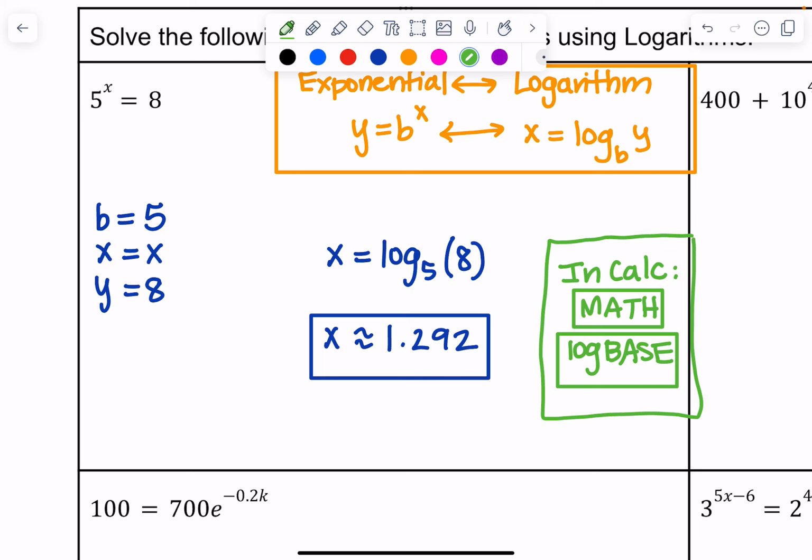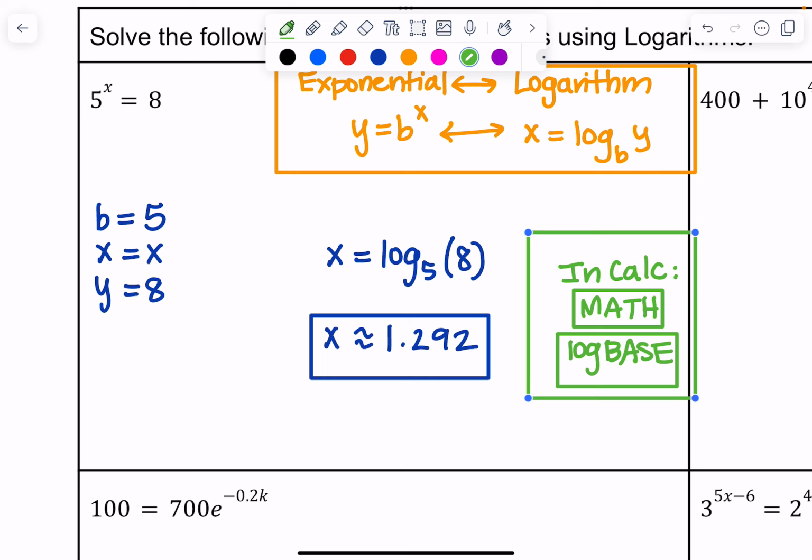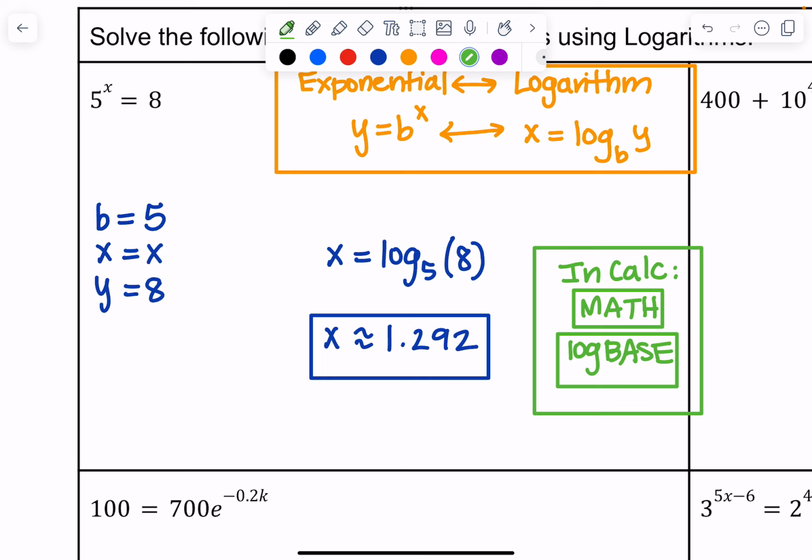If you're using a TI-84 specifically, you should be able to pull this up perfectly in your calculator. There is a workaround if you don't have that, but I think most of the calculators now have that in it.